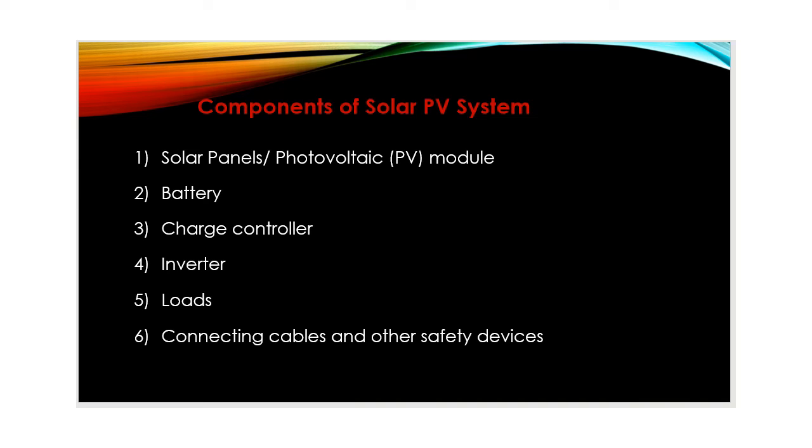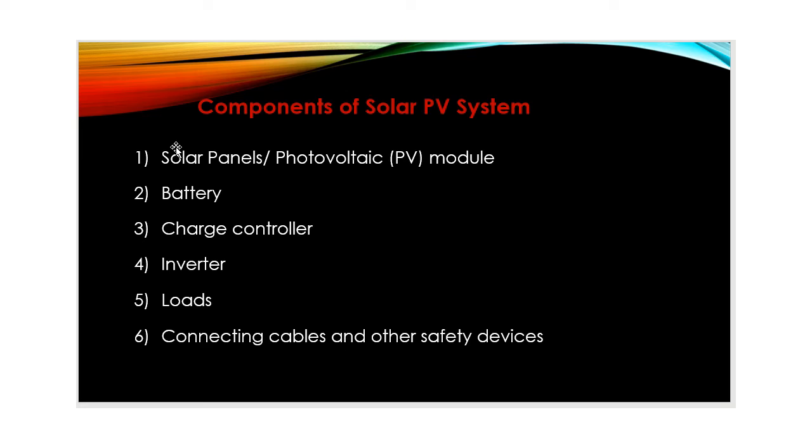In the next section, we look at the components of a solar PV system. The first component is the solar panels, which we also call the photovoltaic modules. The second component is the battery. Number 3 is the charge controller.